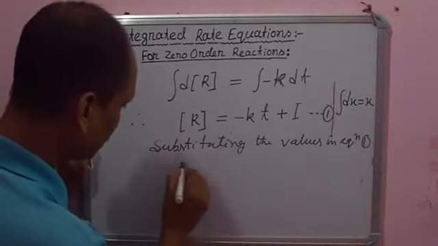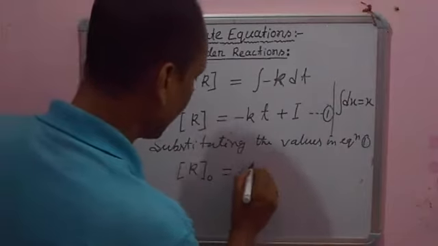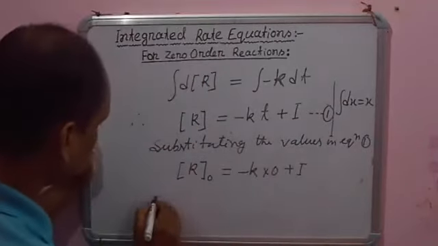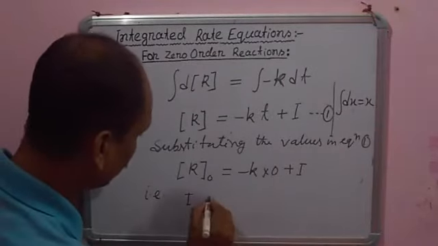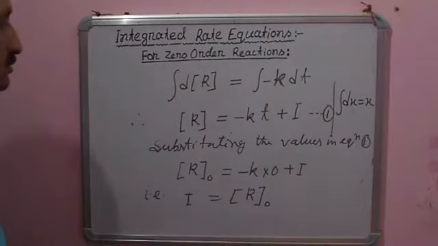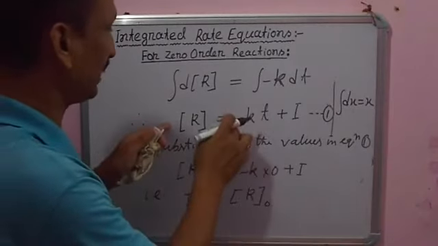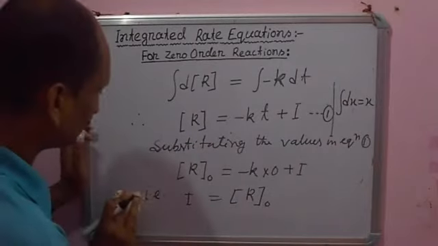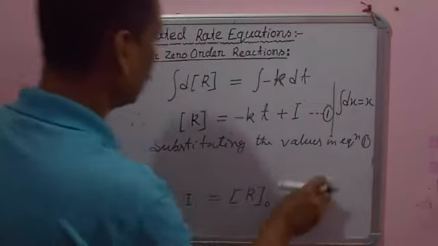That means [R]0 equals minus k into 0 plus I, that is, I equals [R]0.